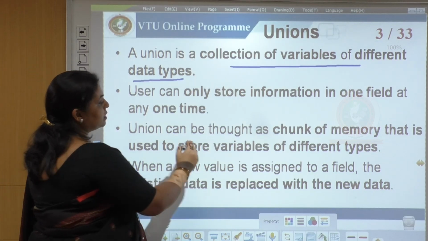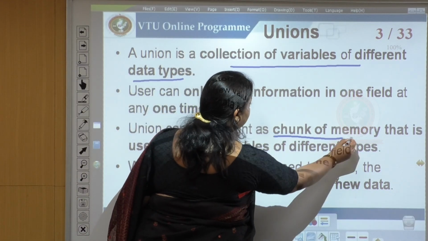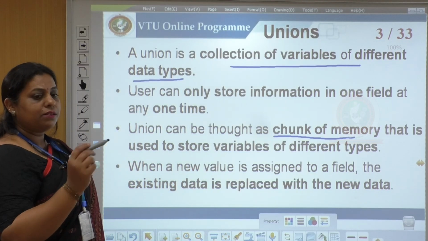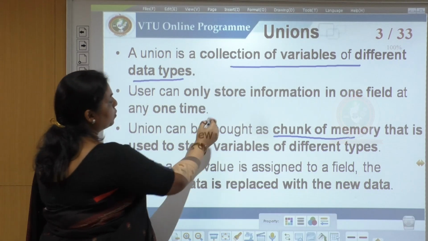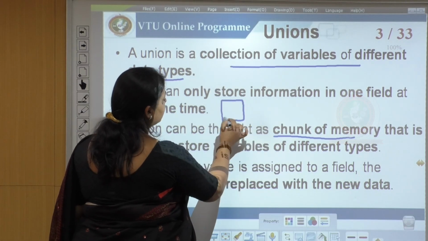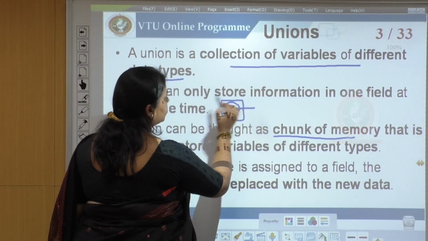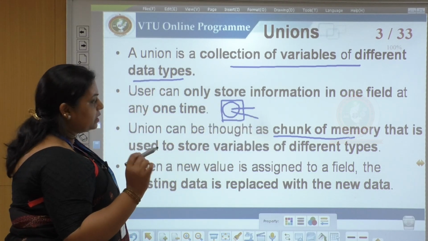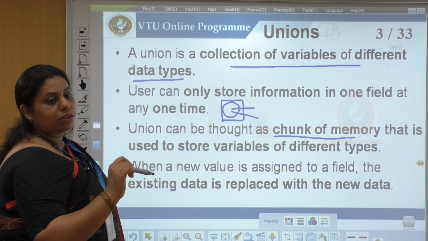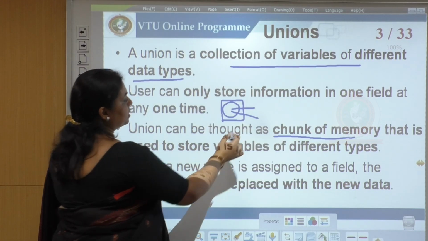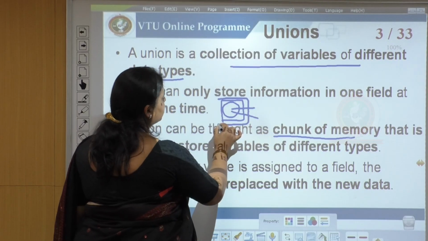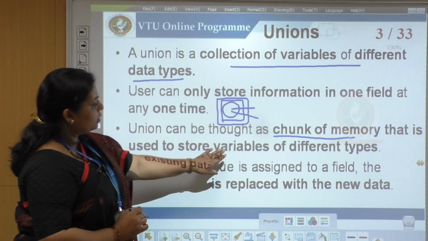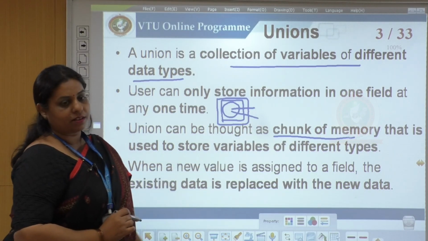It can be thought of as a chunk of memory in which I store different types. Only one place is given to me: first I use it to store the string information, second time the same memory is used to store the integer value, and again the same memory location is used to store the float value.